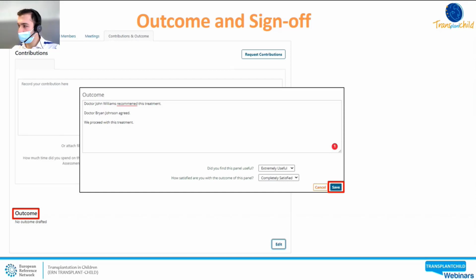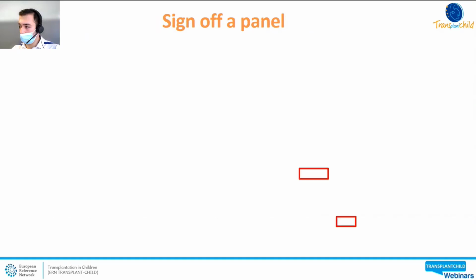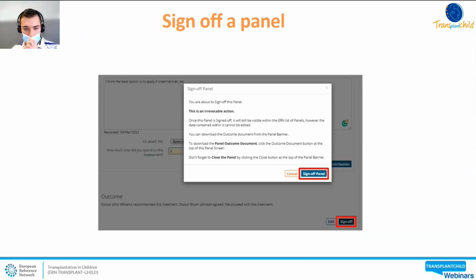The moment the panel gets signed off, you will become unable to further contribute to the panel or to change any of the information in the consultation form. So be aware when you do so that you cannot go back on this decision.